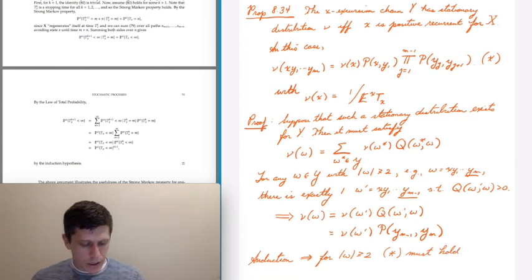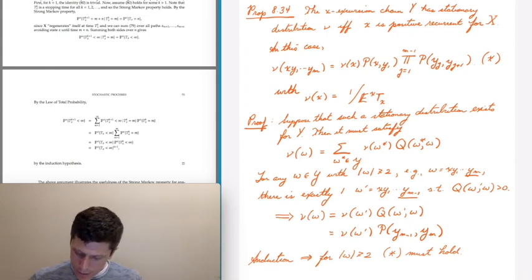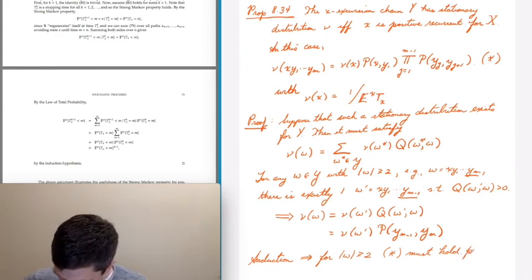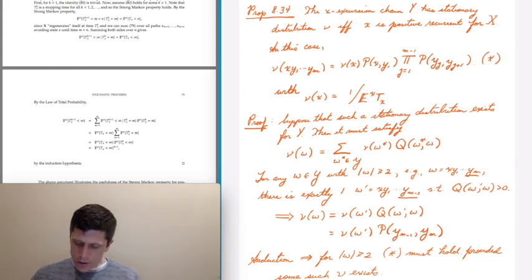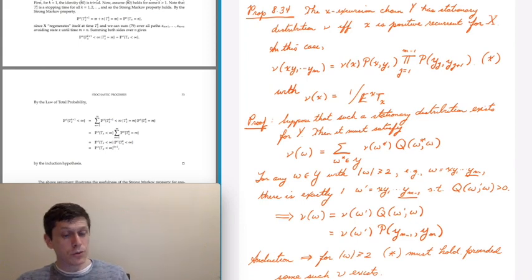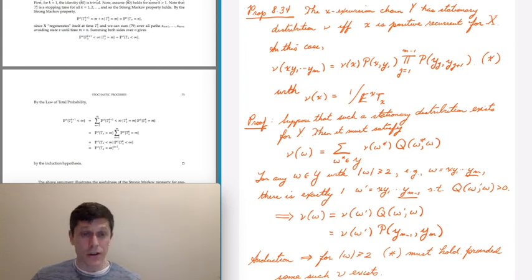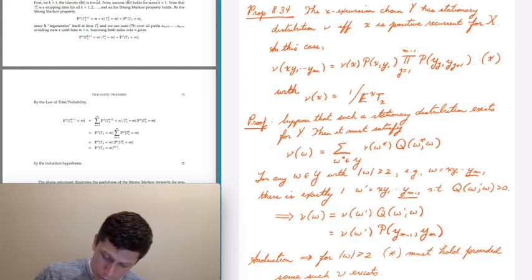And now what we need to do is compute actually what... so this must hold if there's going to be a stationary distribution, and now what we need to do is show that the stationary distribution itself satisfies this condition here.